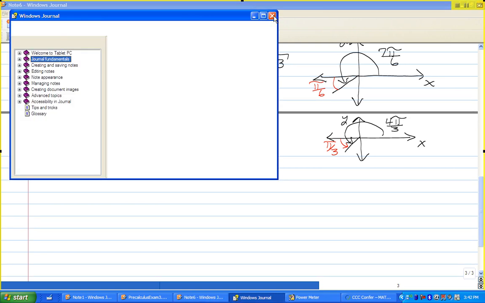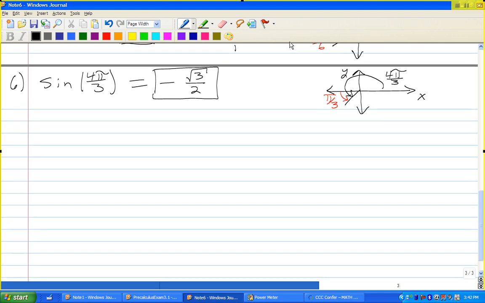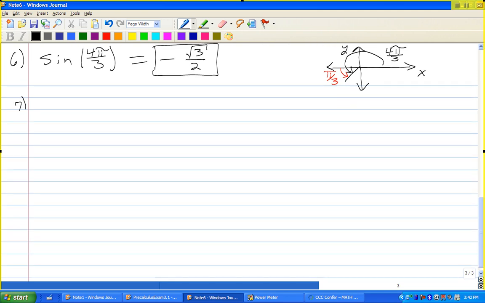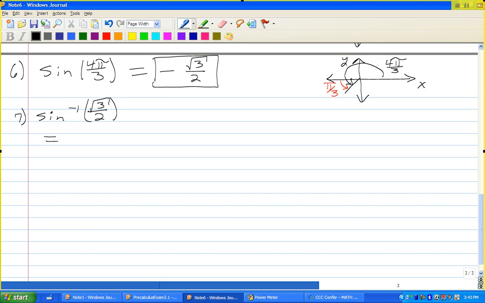Problem number 7. Sine inverse of root 3 over 2. Okay. Well, this is equal to theta such that the sine of theta is root 3 over 2.